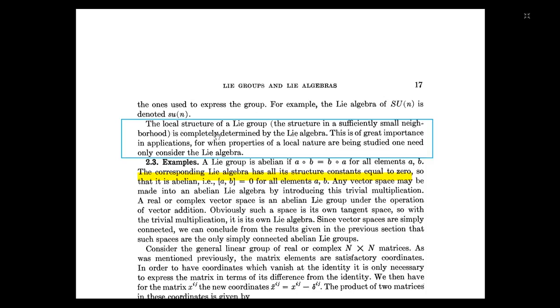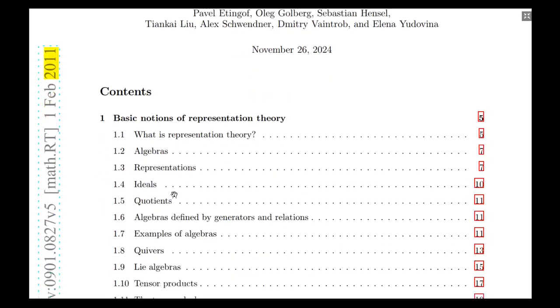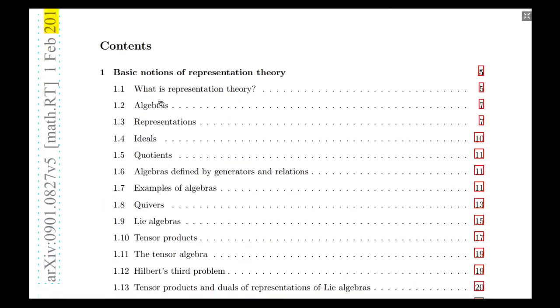And this paper, Introduction to Representation Theory, starts with the basic notion of representation, defining ideal, algebra, etc. And it goes into more depth as it goes forward. So, representation of finite groups. This is the first step in representation theory.